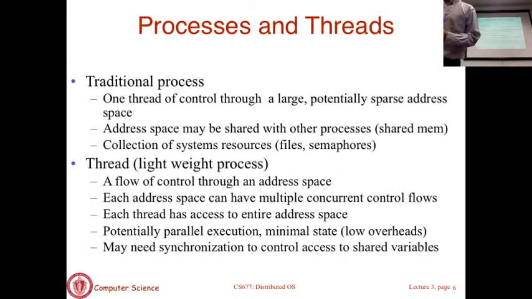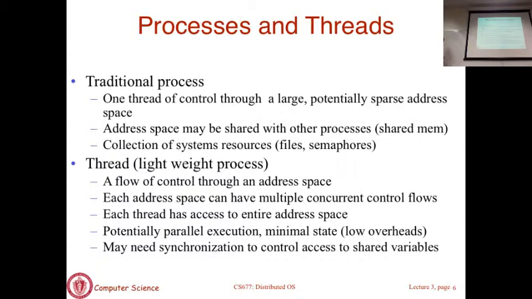What a thread does is it takes this address space and assigns concurrent streams of execution that flow through and share this address space. So there's one thread of control that's executing one part of the code. There's another thread of control that's executing some other part of that code concurrently. You can have an arbitrary number of threads.